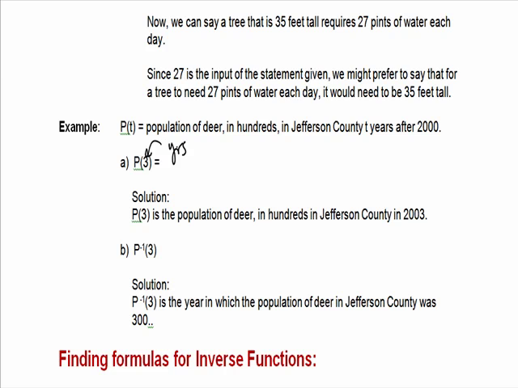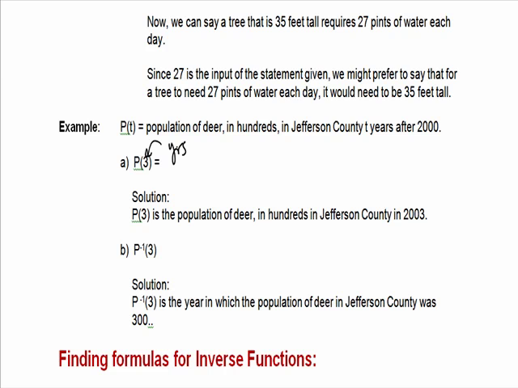So P at 3 is telling me, in 3 years, what would I be getting? The population of deer. So P at 3 gives me the population of deer in hundreds in Jefferson County in 2003. I just don't know how many deer that is, because P at T gives me the population.